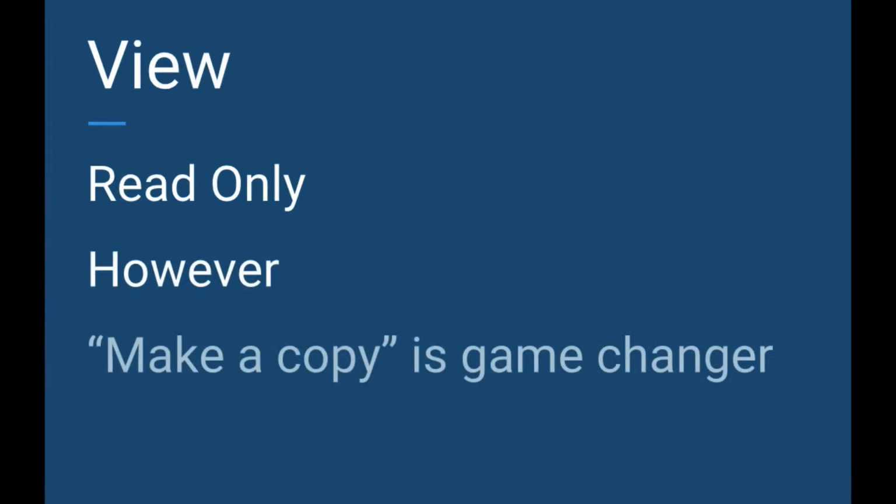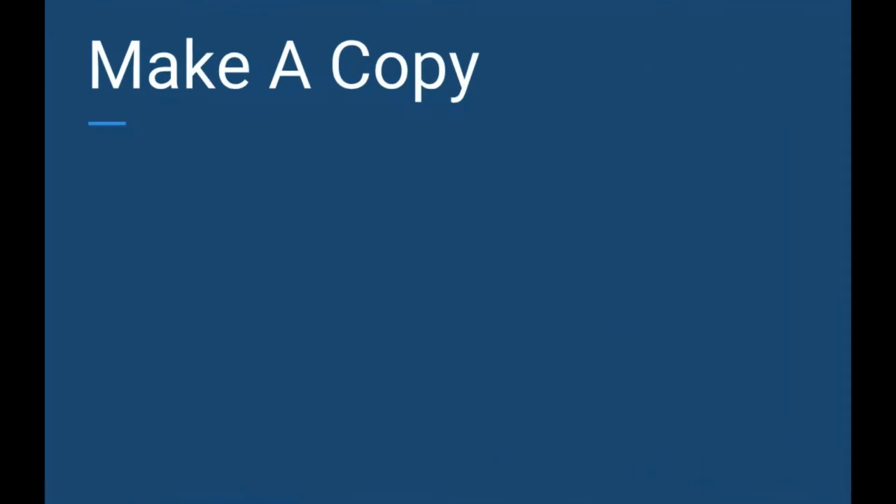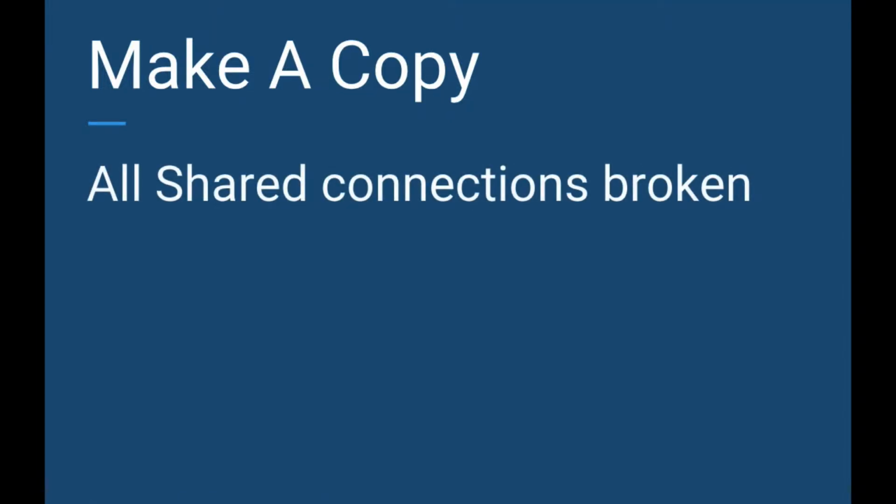However, make a copy is a game changer. If somebody shares a file with you and gives you view capabilities, you can make a copy. When you make a copy, all shared connections to that file are broken.